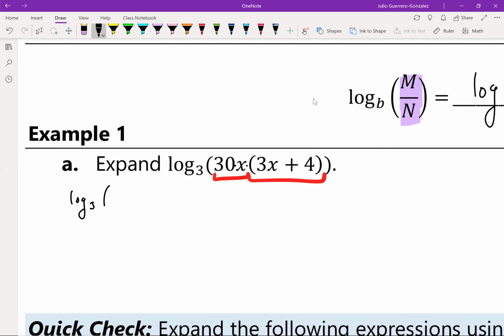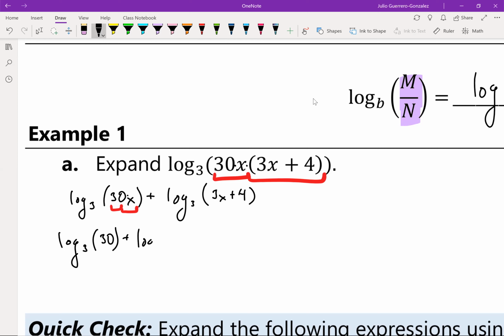And there's a multiplication here, so I'm going to do it again just for these two things. So I have now log base 3 of 30 plus log base 3 of x plus log base 3 of 3x plus 4. I am done.